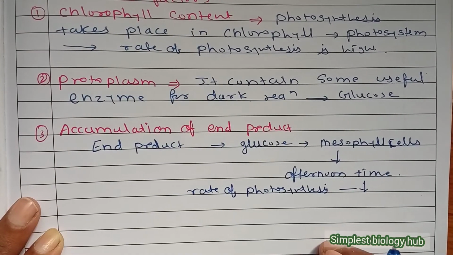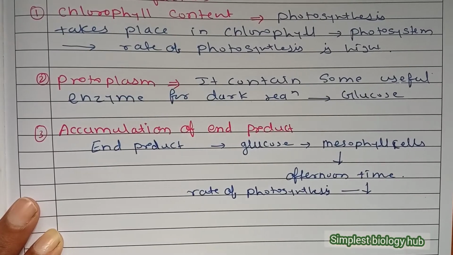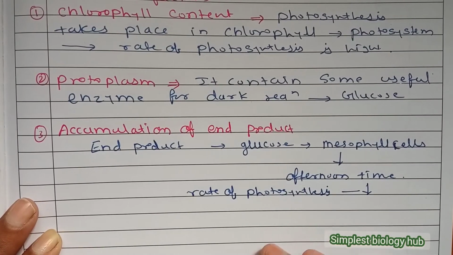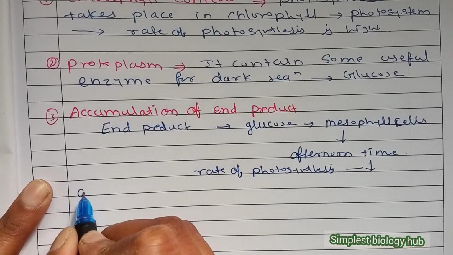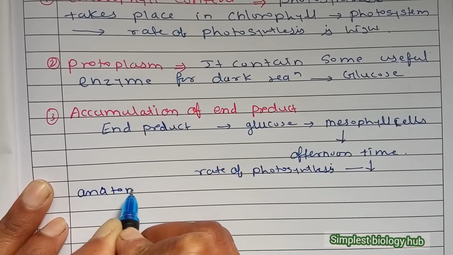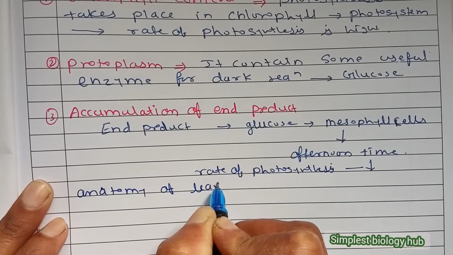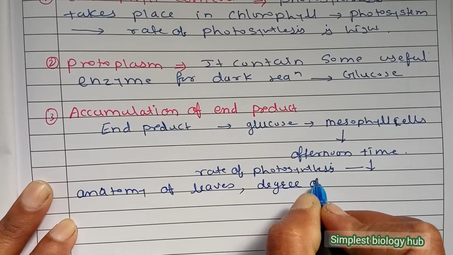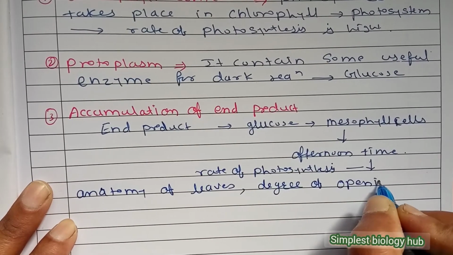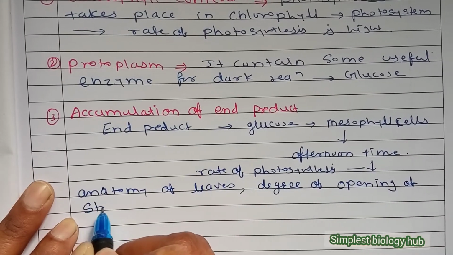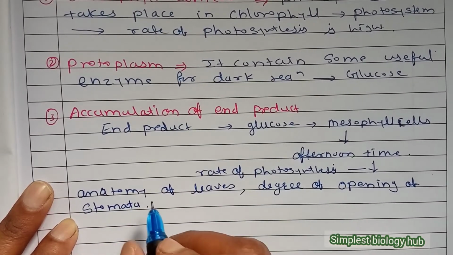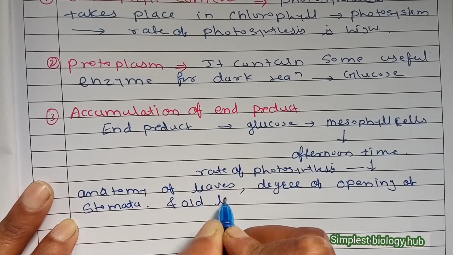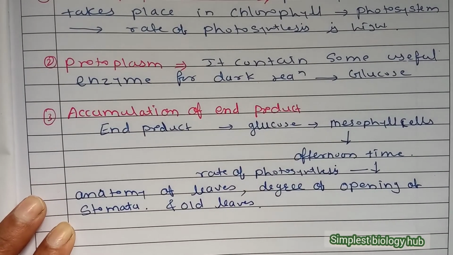There are even some other factors like anatomy of the leaves, age of the leaves, and degree of opening of the stomata. Anatomy of leaf, degree of opening of stomata, and old leaves: these conditions also affect photosynthesis.